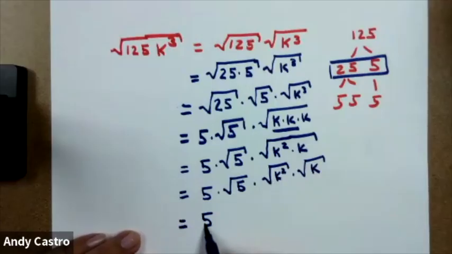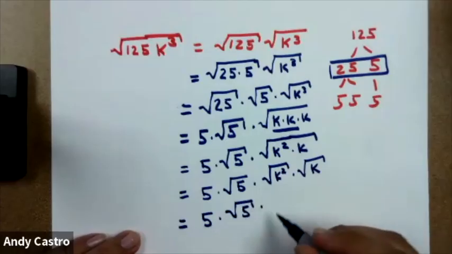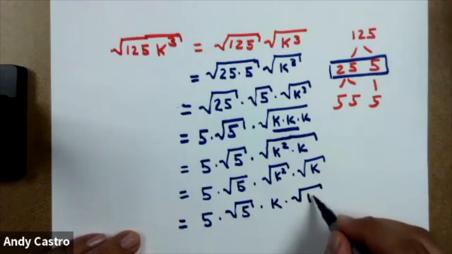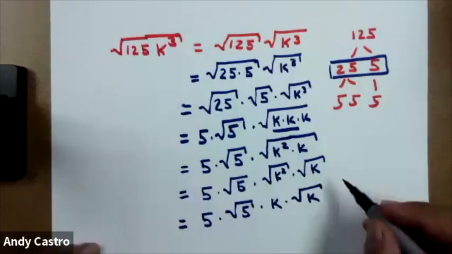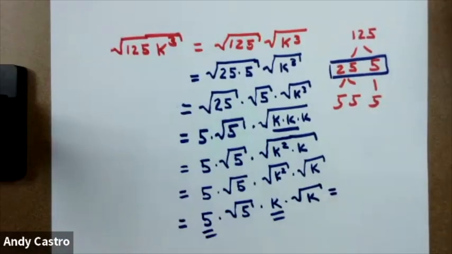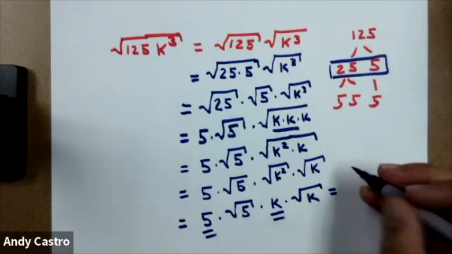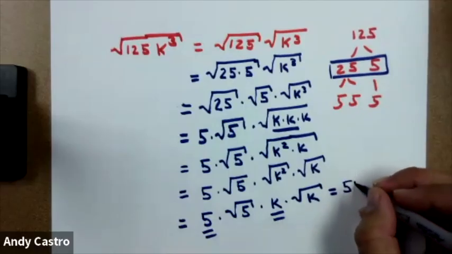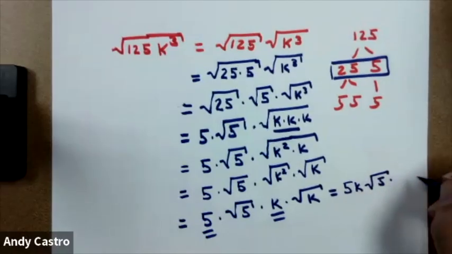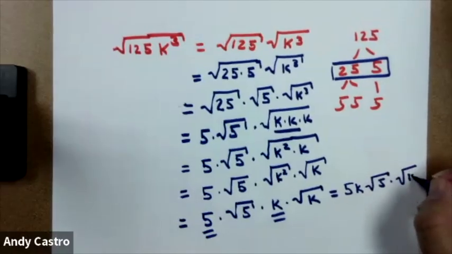So we have 5 times the square root of 5 times k times the square root of k. All right, so I can multiply things in any order I want. I'm going to put those two together, the 5k. And then I'm going to have the square root of 5 times the square root of k.